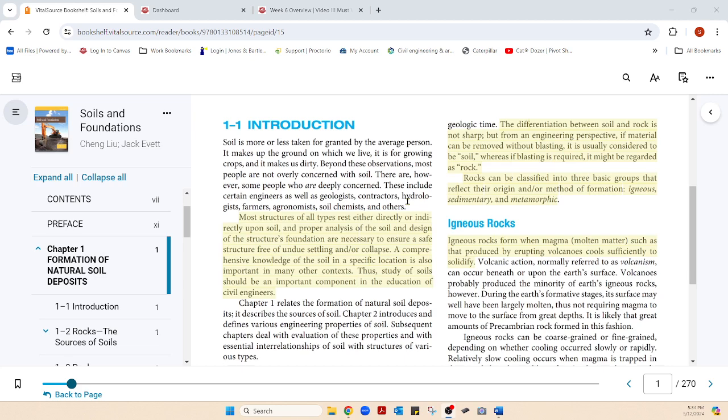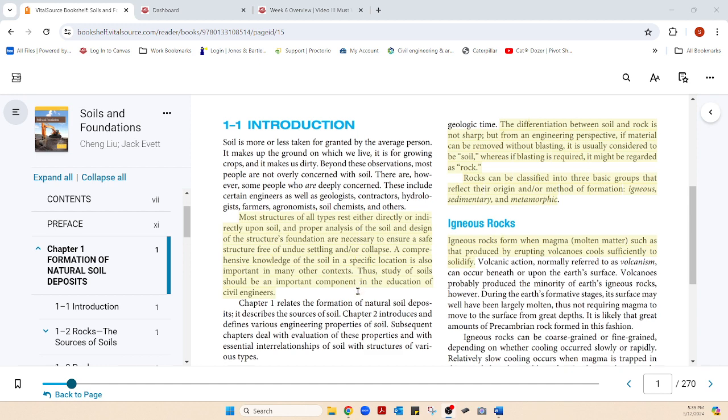Engineers, as well as geologists, contractors, hydrologists, farmers, agronomists, and soil chemists, and others. The reason being is in construction, most structures of all types rest either directly or indirectly on dirt, on the soil. And proper analysis of that soil and design of the structure's foundations are necessary to ensure a safe structure free of undue settling and or collapse.